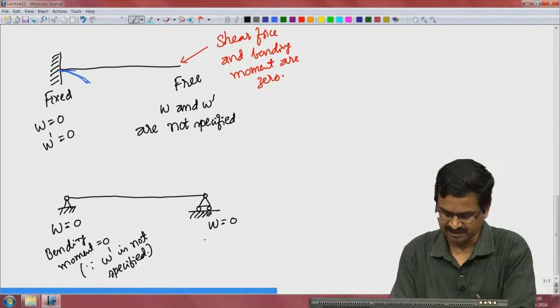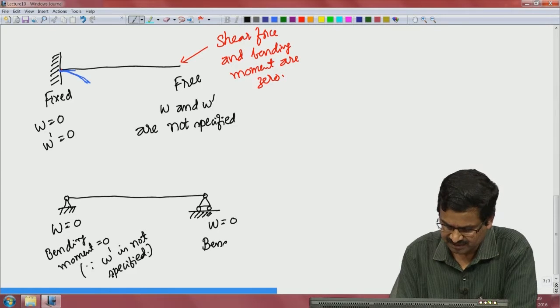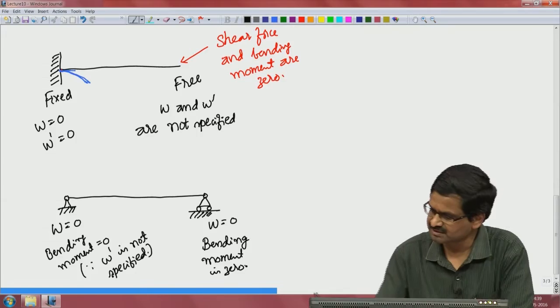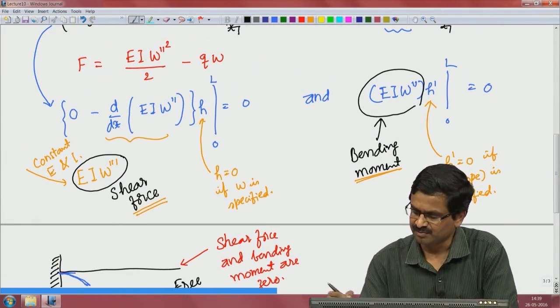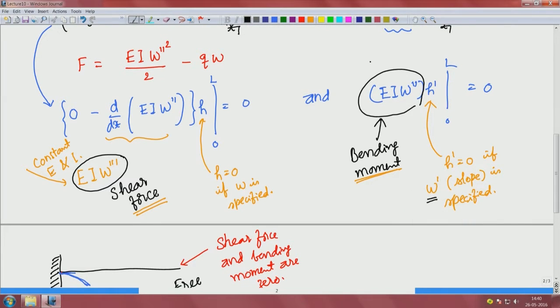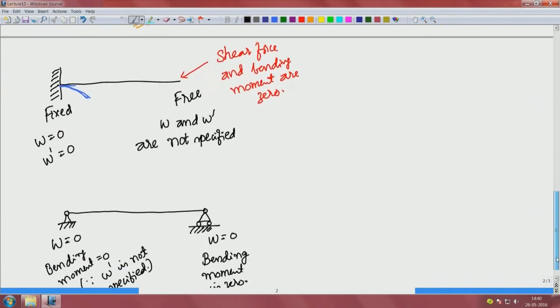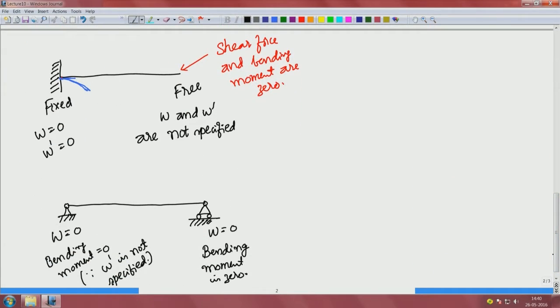And the same thing here, again bending moment must be 0 here, because that is our boundary condition. When W prime is not specified, this must be equal to 0. Okay. So, based on this you can consider various boundary conditions.